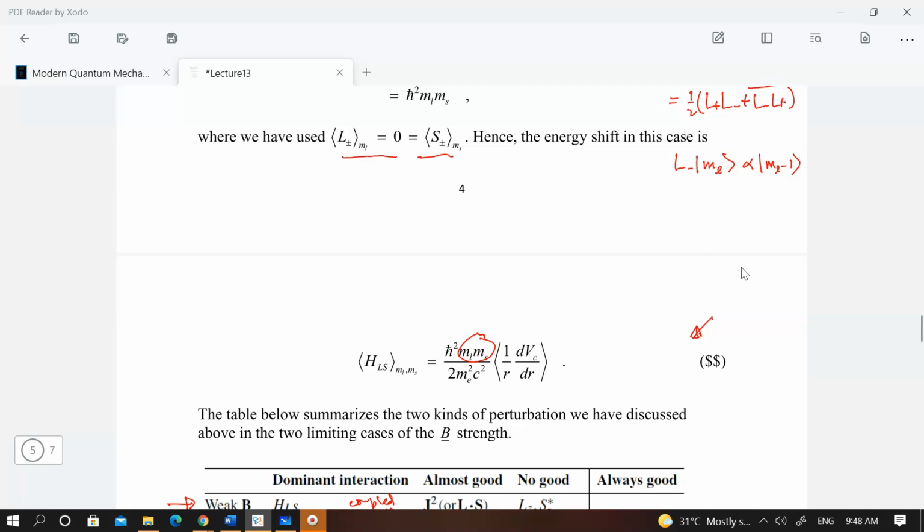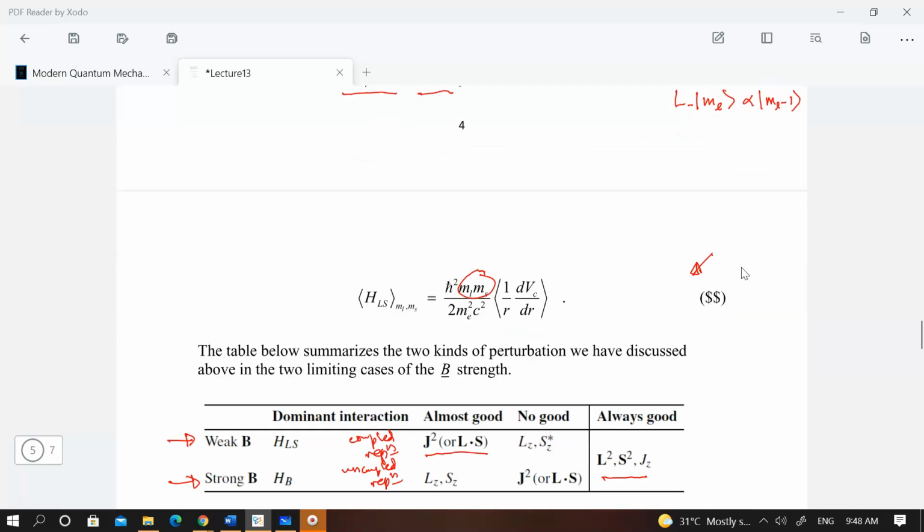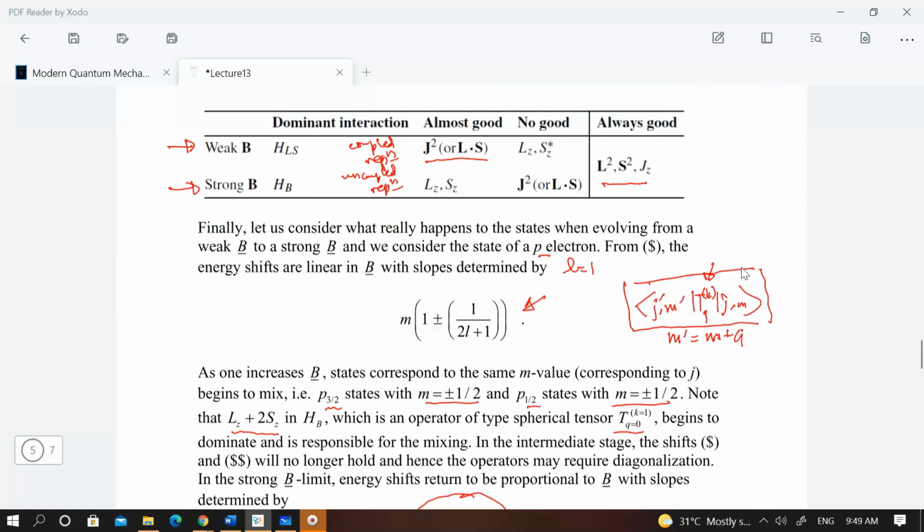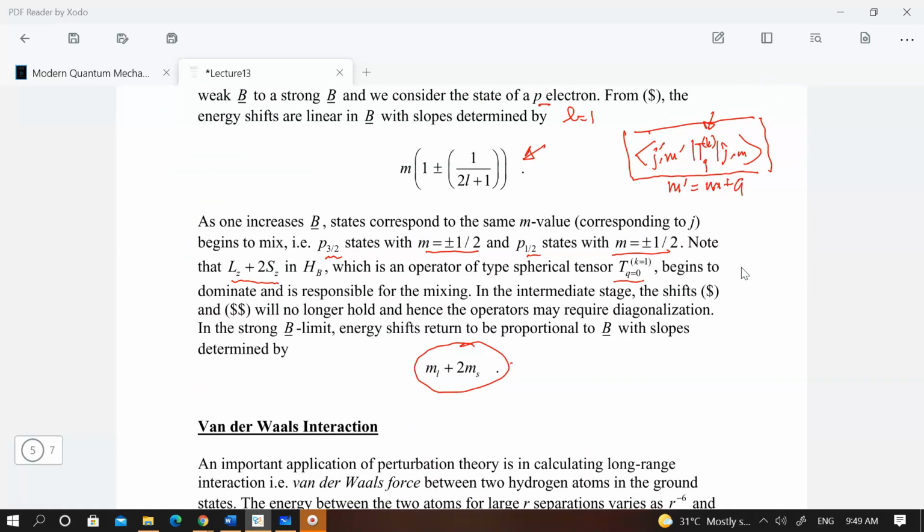When you do this transition from the weak limit to the strong limit, it will be something different, for which your perturbing matrix potential will not be diagonal, and then you need to do all this diagonalization. In the book by Sakurai, it refers to a particular paper, I can't remember by whom, that you can actually do this.